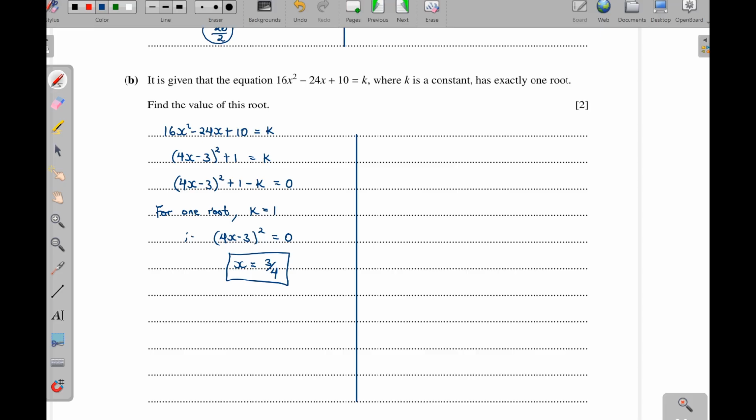Or alternatively, you can do this. We can have, if let's say we have a quadratic equation given by ax squared plus bx plus c is equal to 0.